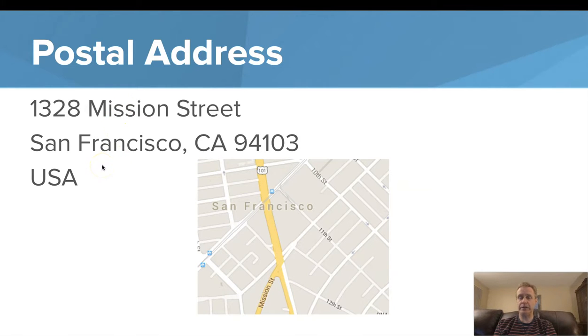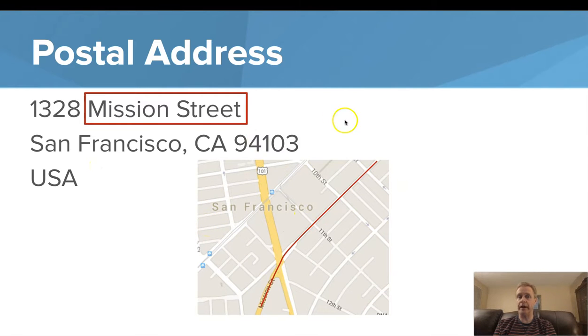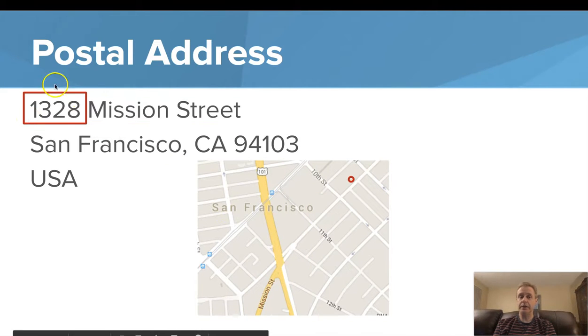Within this zip code in San Francisco, we can look and find Mission Street, which is perhaps right over here. So we're getting even closer to where this actual address is. Then this number tells us exactly where the actual address is on Mission Street.